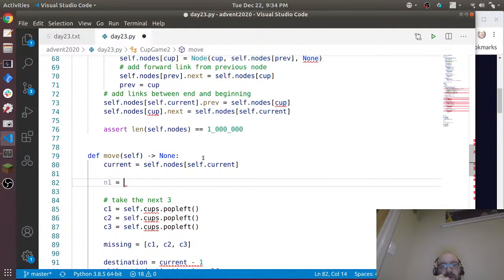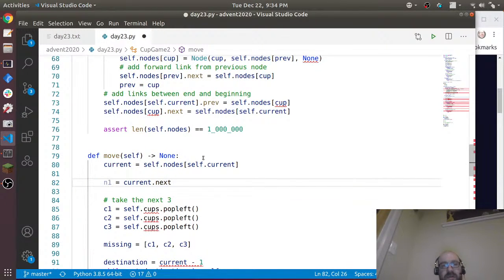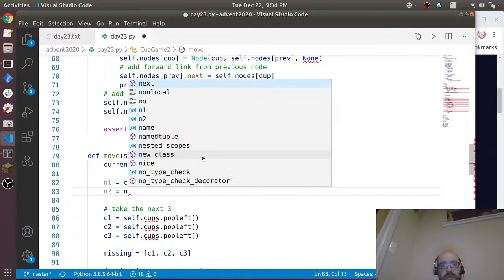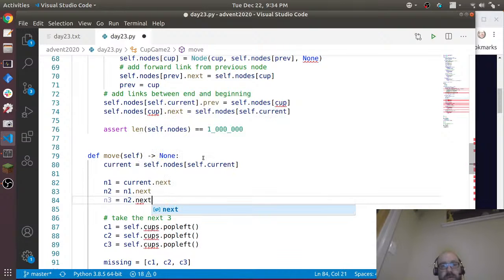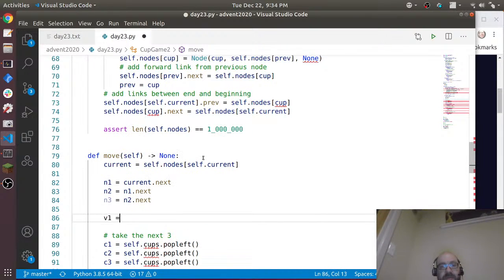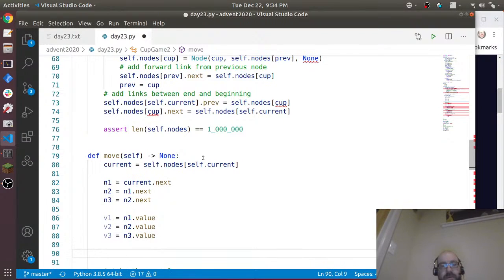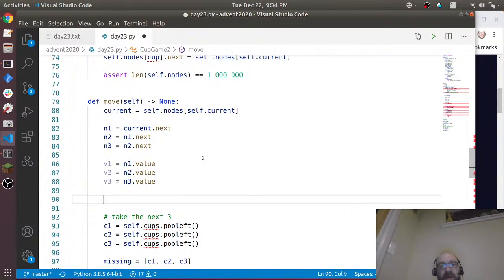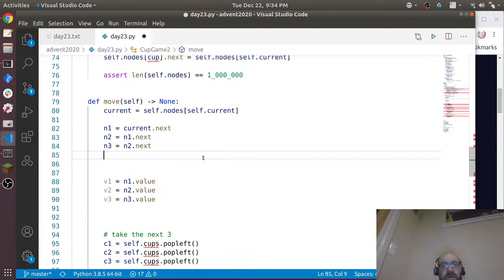Okay, and let's say n1 equals current.next, n2 equals n1.next, n3 equals n2.next, and v1 equals n1.value, v2 equals n2.value, v3 equals n3.value, and let's say rest equals n3.next.